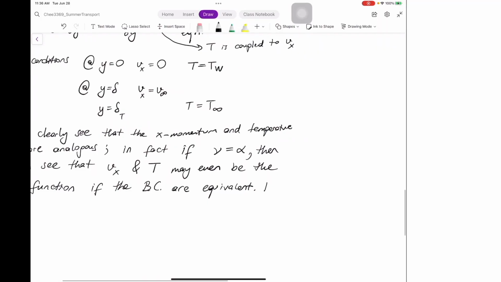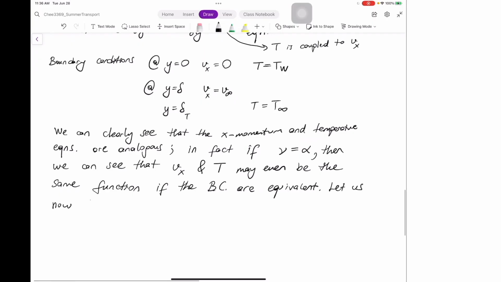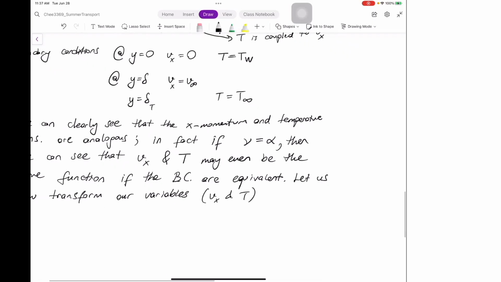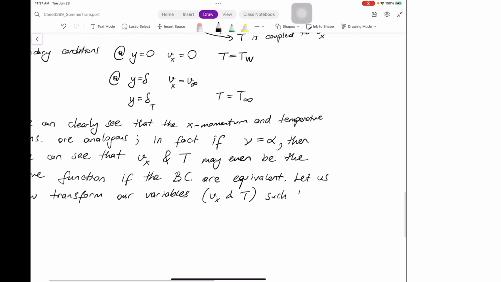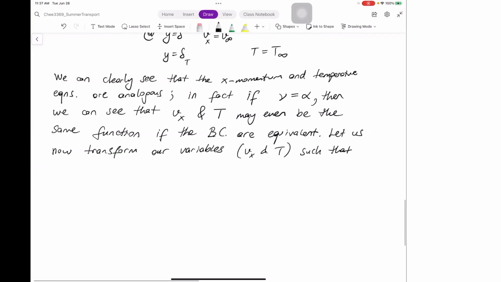So the idea is, let us now transform our variables, I mean Vx and T, such that the boundary conditions become equivalent.